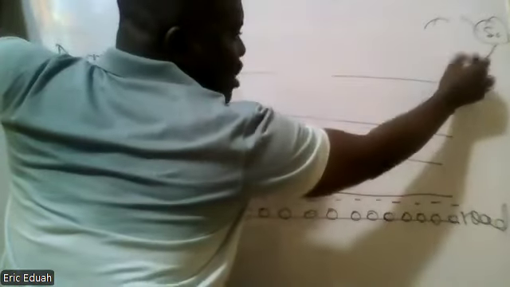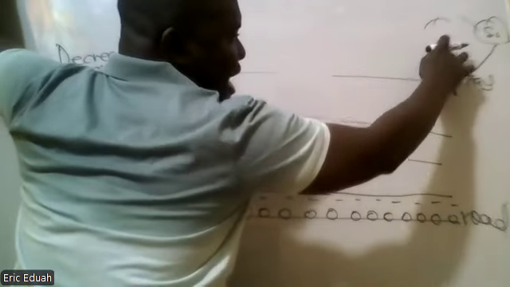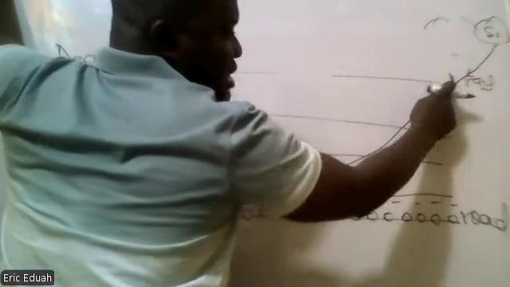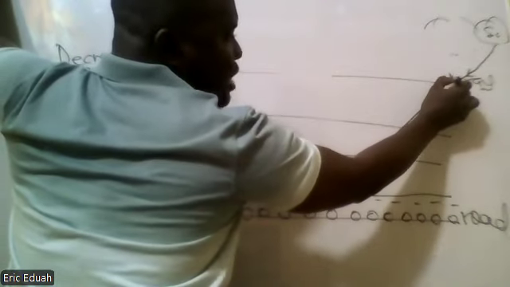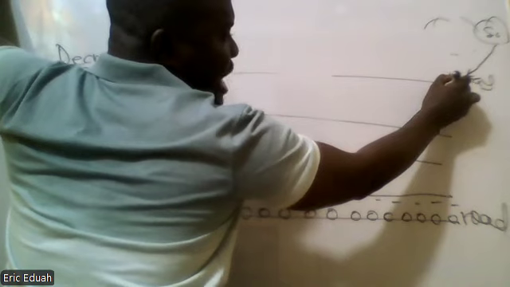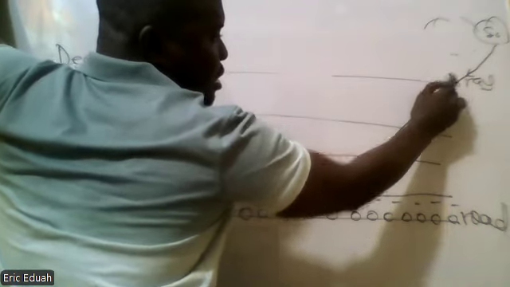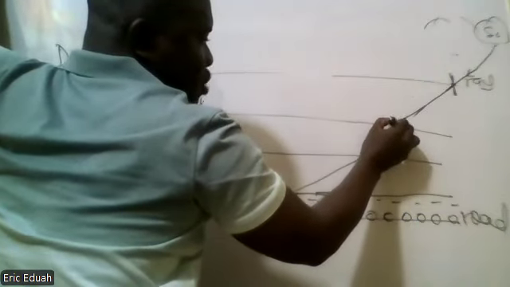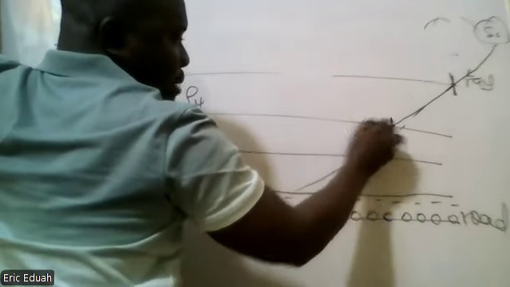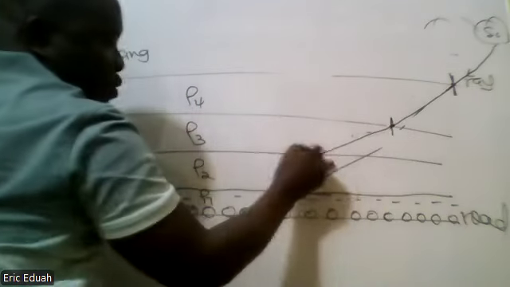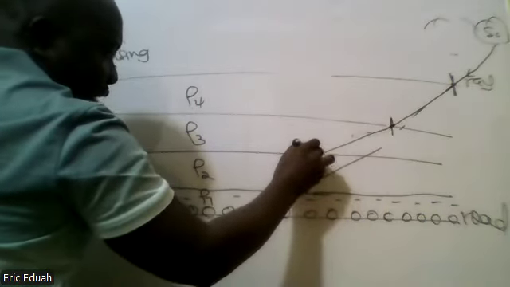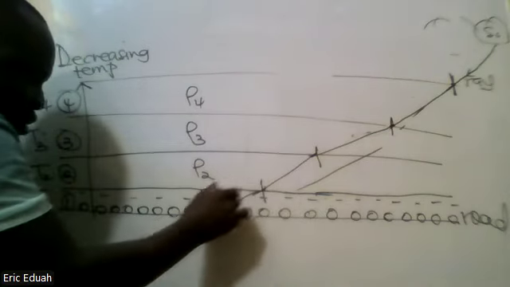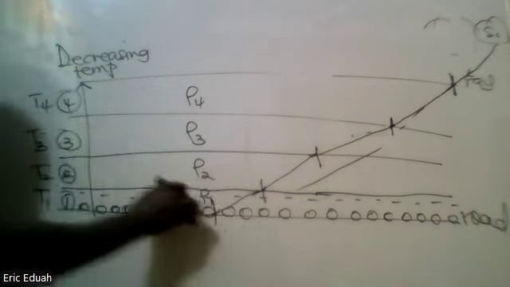Light coming from the sun, because it is from a denser air layer compared to this, will deviate away from the normal. When it gets to this one, it will also deviate away from the normal, and again at this one. When it gets to the ground, it will further deviate away and then reflect.